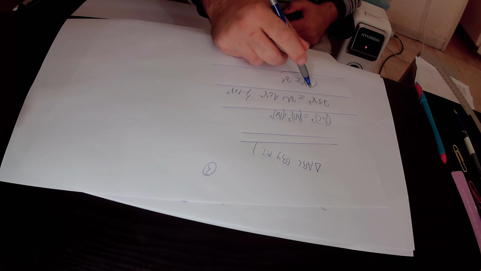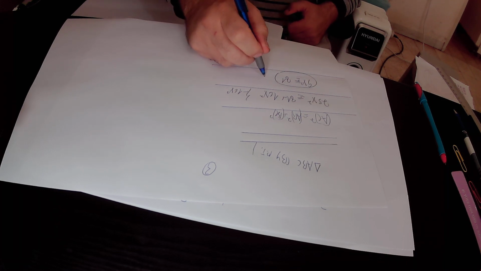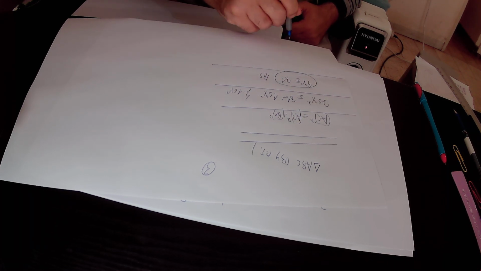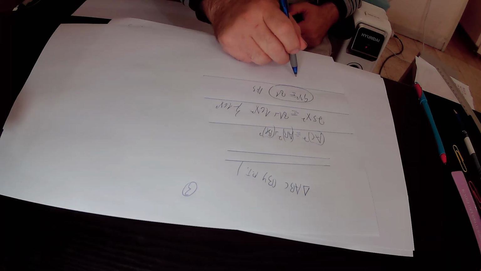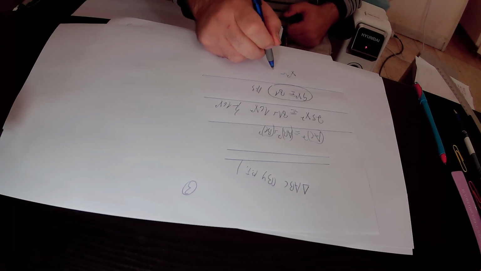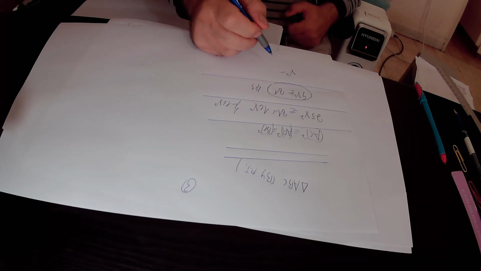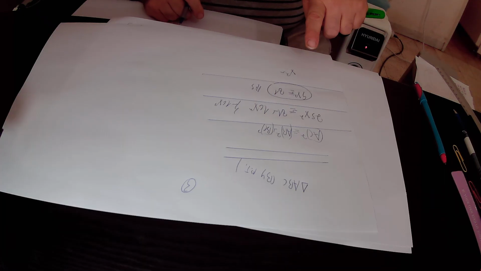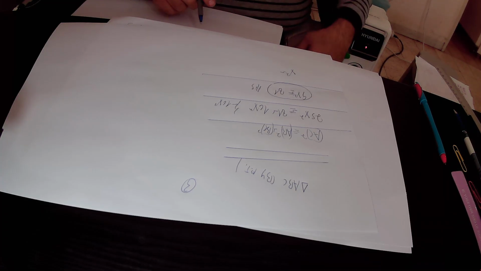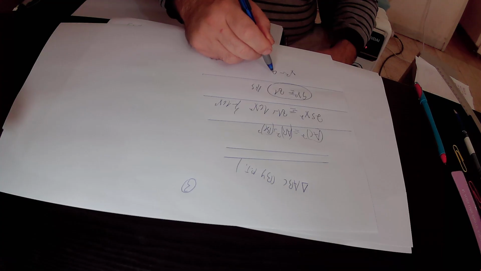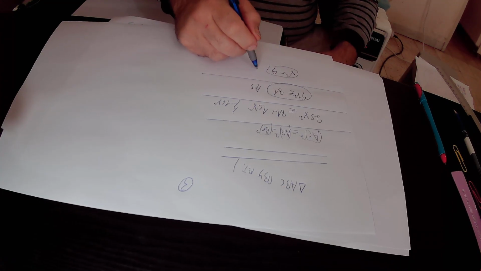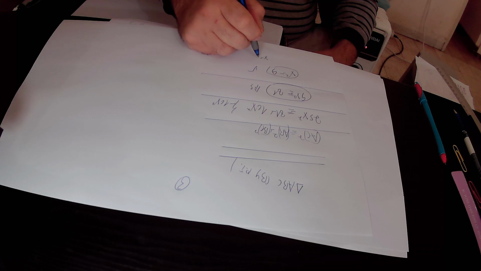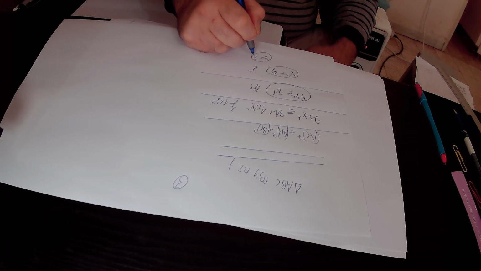So we have 9x squared equals 81, and here we divide this equation by 9. 9x squared over 9 is x squared, and 81 over 9 is 9. So x squared equals 9, and taking the square root, x equals the square root of 9. So x equals 3 units.